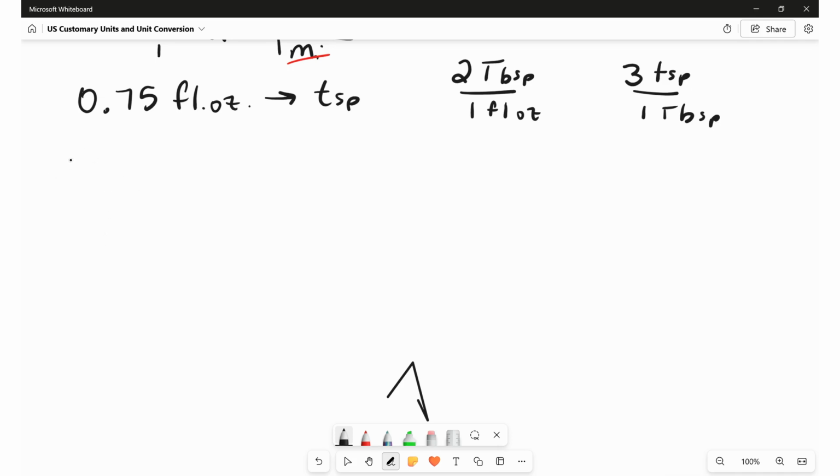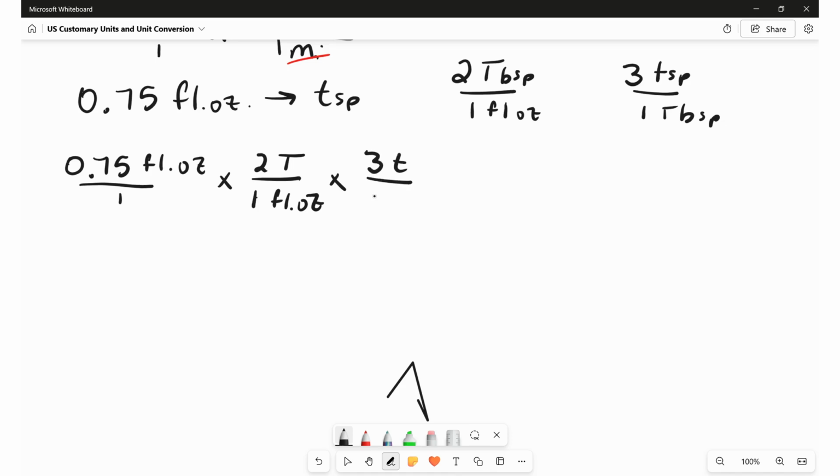We're going to start out and say 0.75 fluid ounces, and we can put that over 1. We multiply that by 2 tablespoons over 1 fluid ounce, and again multiply by 3 teaspoons over 1 tablespoon.